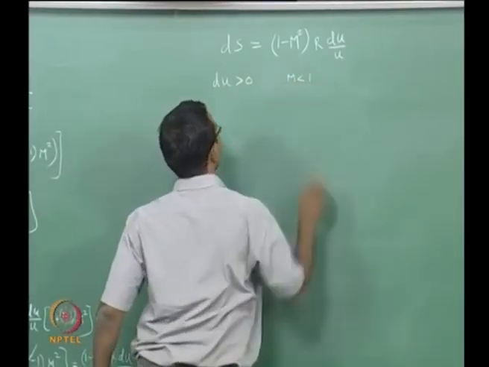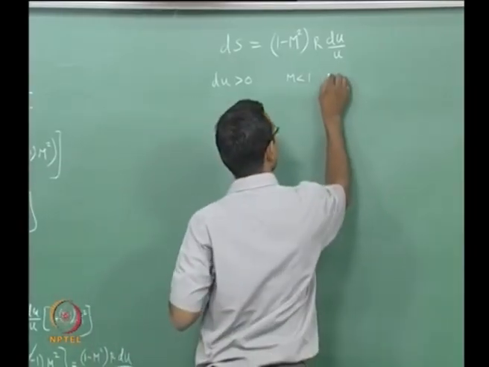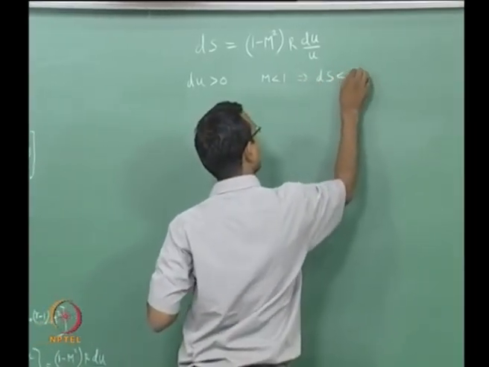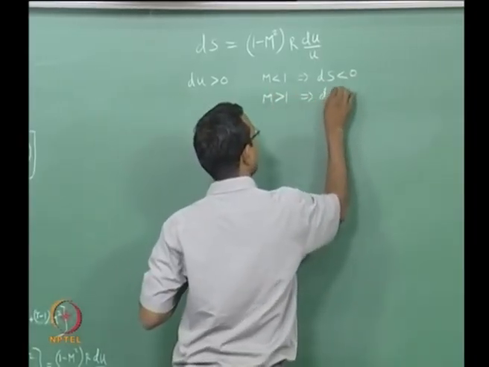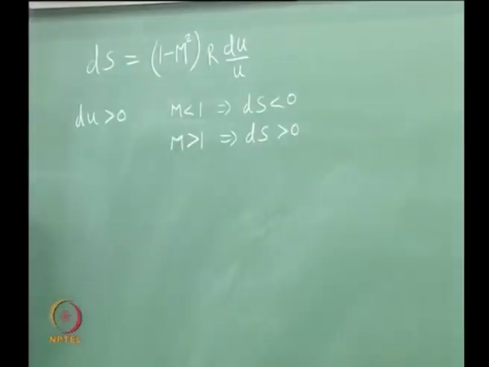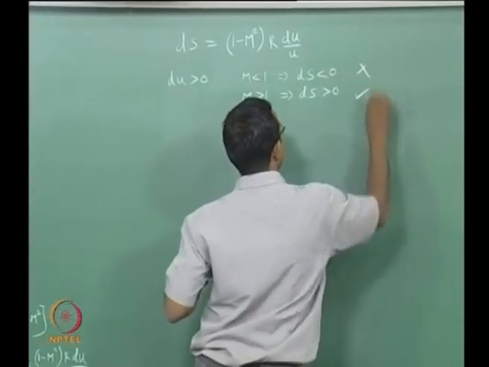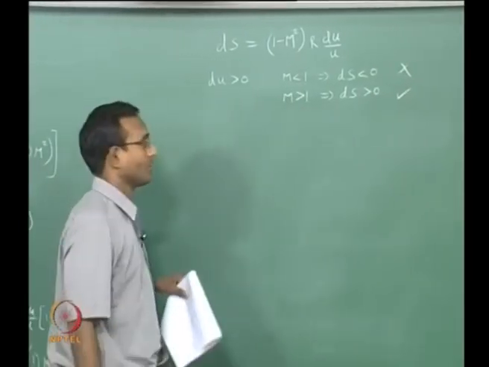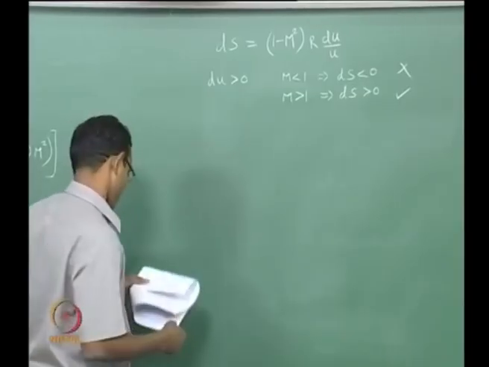If m is less than 1, then I will have ds less than 0. M greater than 1 implies ds greater than 0. So the top case is not allowed, this one is allowed. We know only cases where entropy increases will be allowed in nature. So I am going that direction.